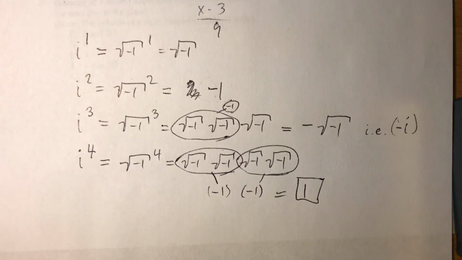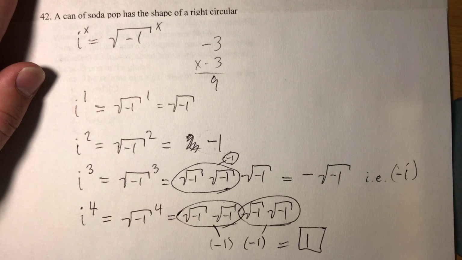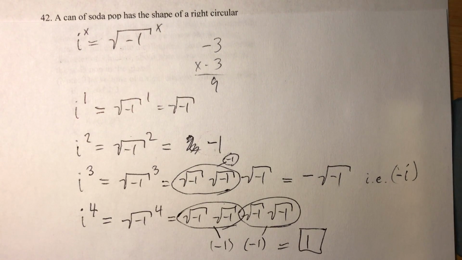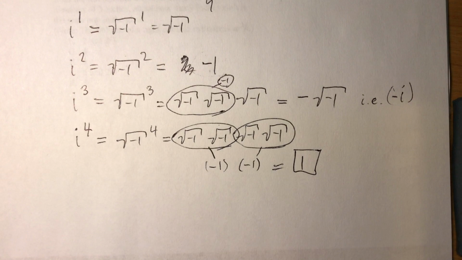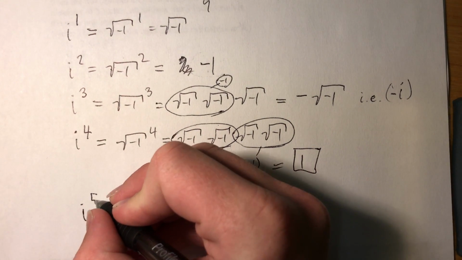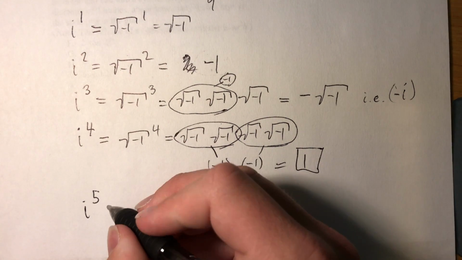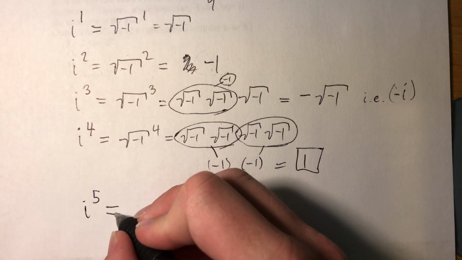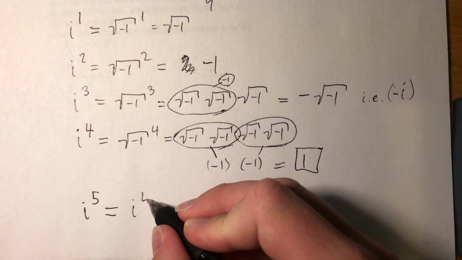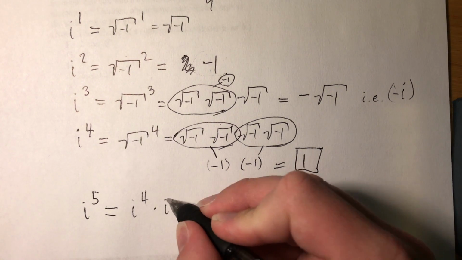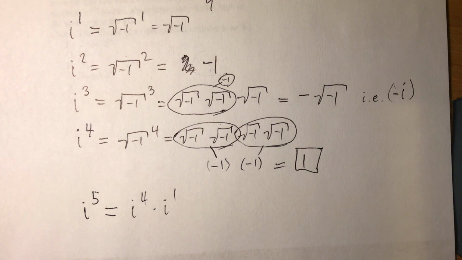So that's really good. And also, just something fun, let's go to i to the 5th power, just for fun. That equals i to the 4th power times i to the 1st power, right?